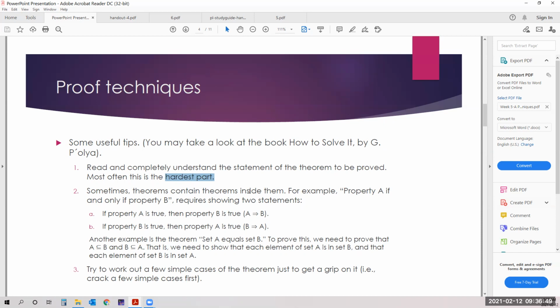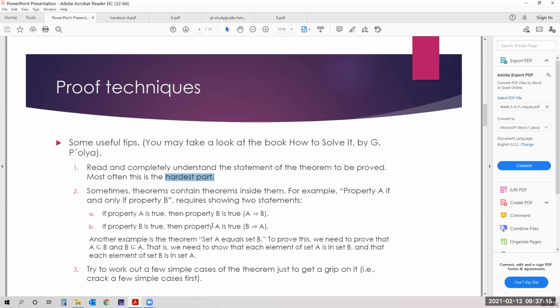Sometimes a theorem contains other theorems inside it. For example, property of A if and only if property of B requires showing two statements. If property of A is true, then property of B is true. If property of B is true, then property of A is true. So when we say if and only if, we make the double arrow.